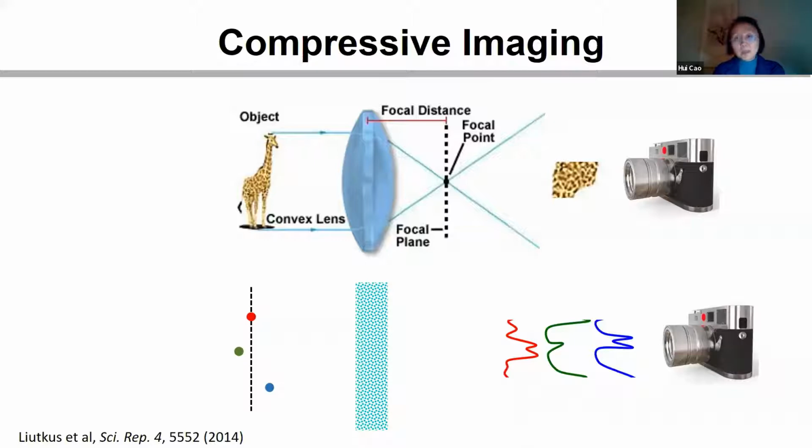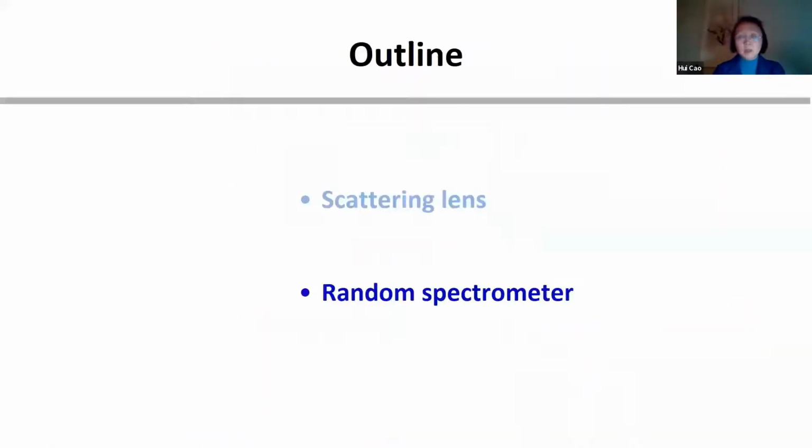That basically shows one advantage of using this kind of scattering system as a lens compared to a standard lens. This has been used a lot for compressive imaging, or what people call a diffuser camera. So I will probably just stop here for this one.